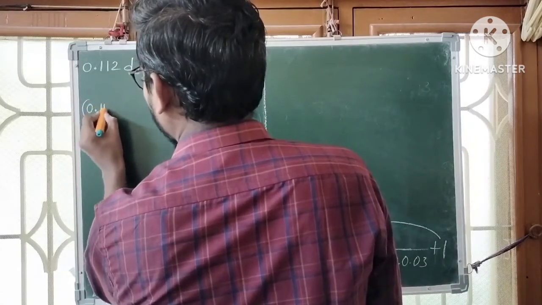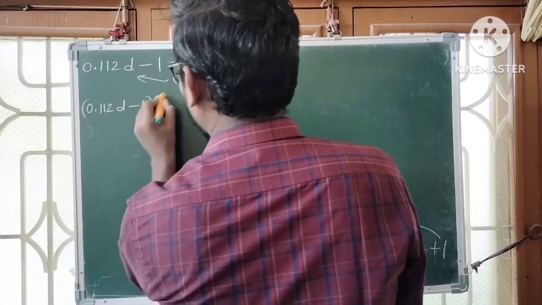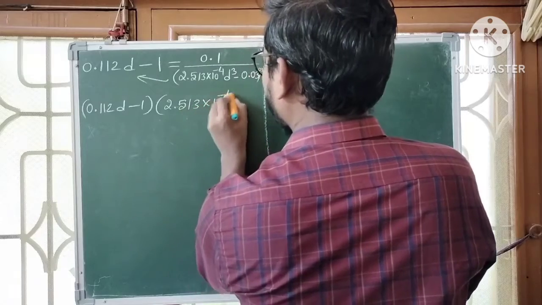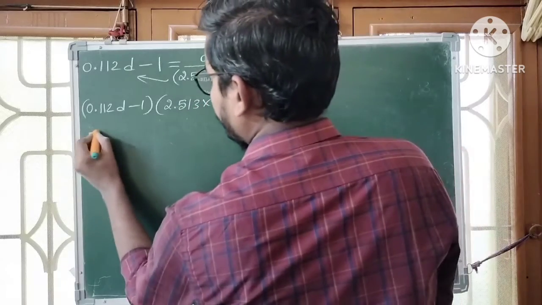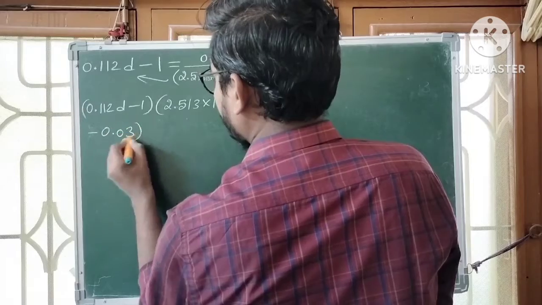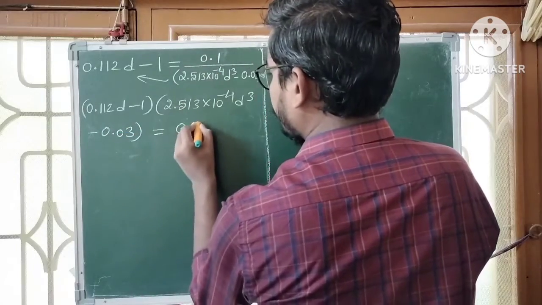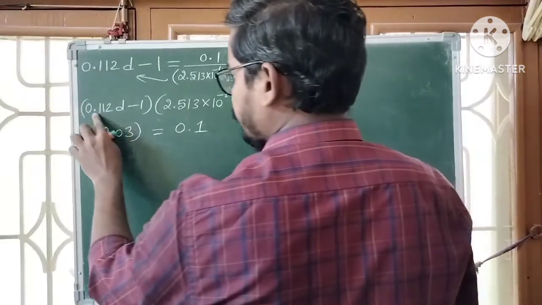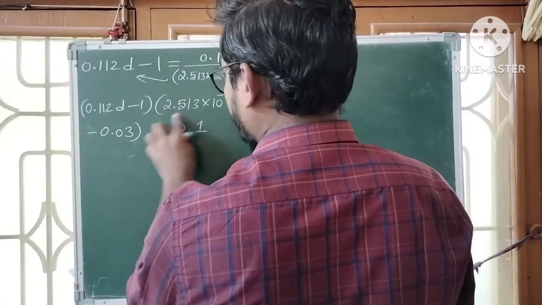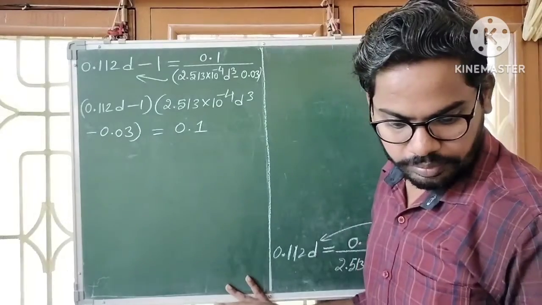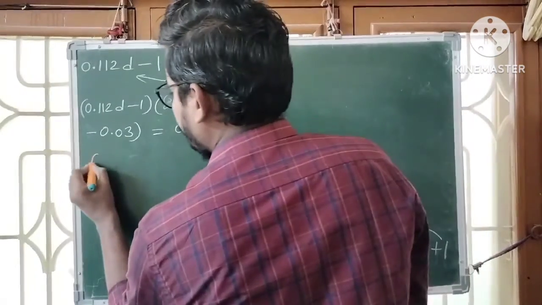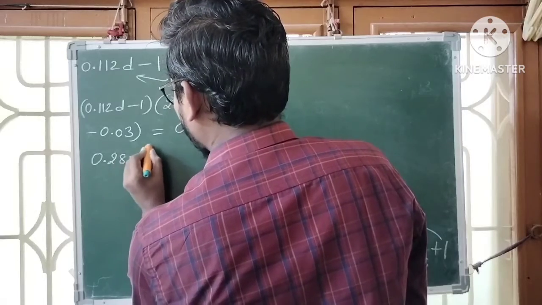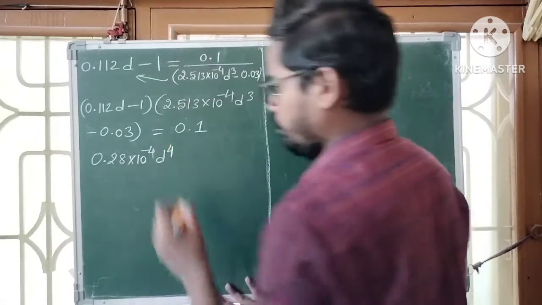You will get 0.112d minus 1 into 2.513 into 10 to the power of minus 4 d cube minus 0.03 is equal to 0.1. Next, now apply the distributive property. So 0.112d into this, you will get approximately 0.28 into 10 to the power of minus 4 d power 4.